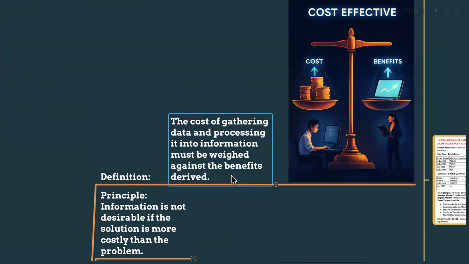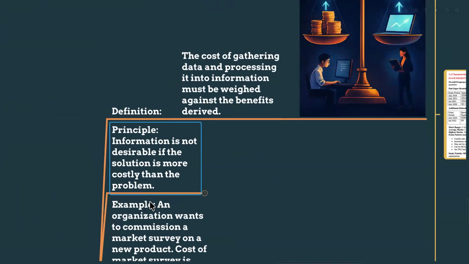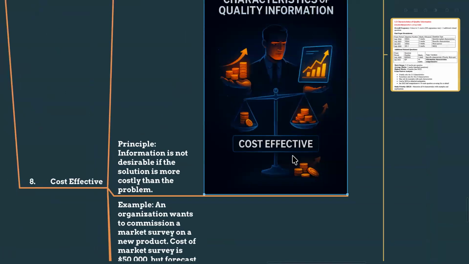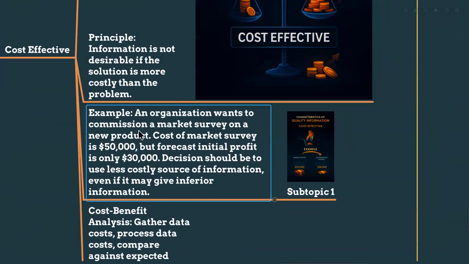So the cost of gathering the data and processing it into meaningful information must be weighed against the benefits you are going to get, right? So the information is not desirable if the solution is more costly than the problem, right? So you have to consider that. So the example is here. An organization wants to commission a market survey on a new product.